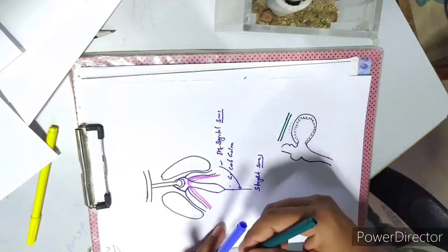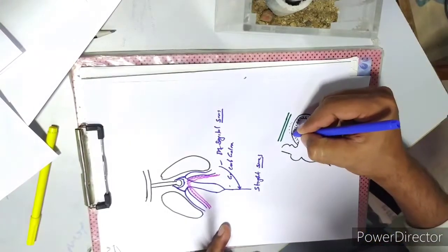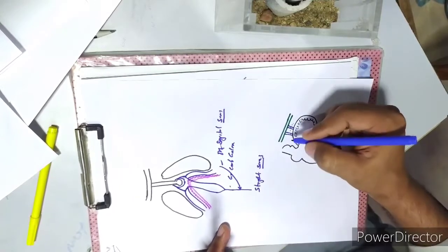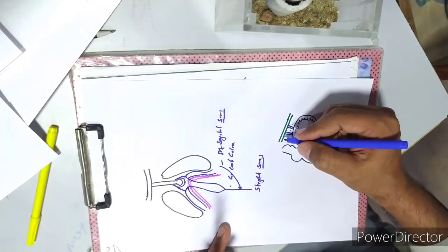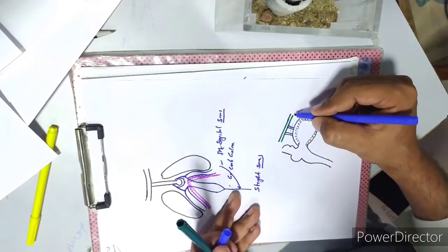So the veins from the upper surface of the cerebellum drain directly into the straight sinus.